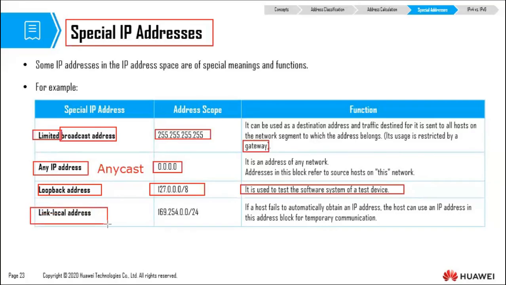Okay, then we have link local, which is the link local address, very important, which is 169.254.0.0. Now, I'll just read this. If a host fails to automatically obtain an IP address, then the host can use an IP address block for temporary communication.